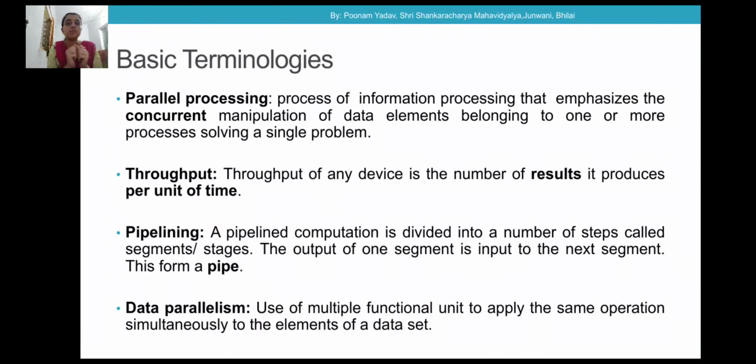We perform the same operation on different data. Suppose a plus b, then c plus d, then e plus h: the operation, addition, is the same, but we are using different data. So this is data parallelism.